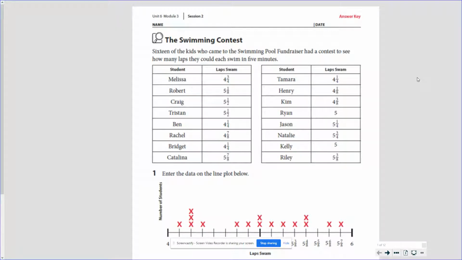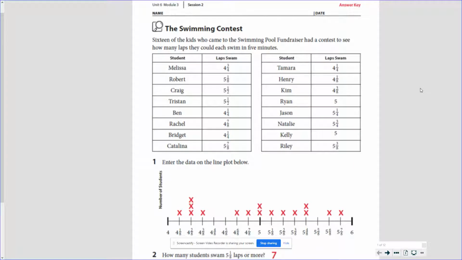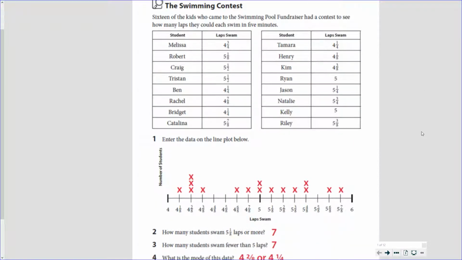But if you look at page 239 in your yellow book, in front of you right now is the answer key. You had a key that showed all of the different laps that were done by those students, and then you had to put that into a line plot.